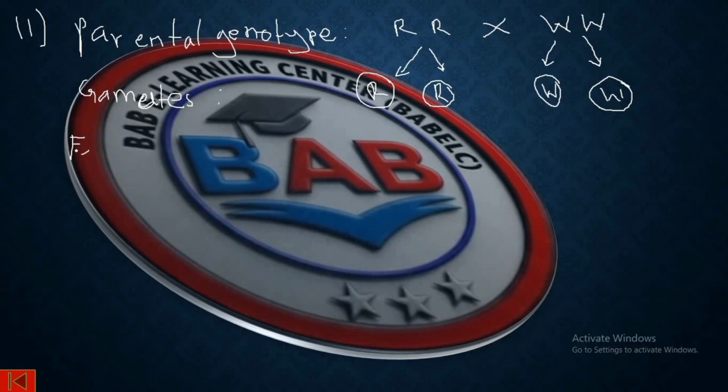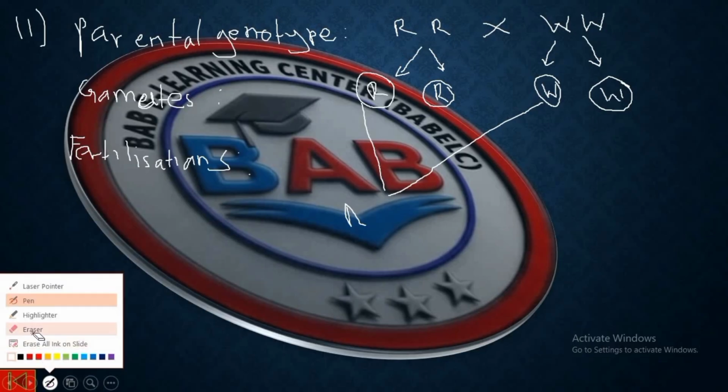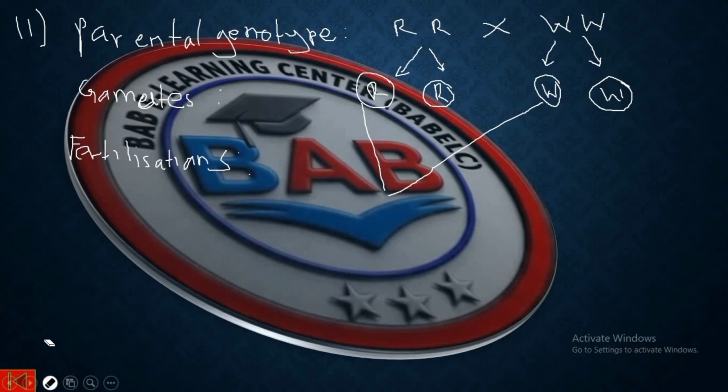Then we go to fertilization. Fertilization occurs whereby R fertilizes W, forming RW, producing an offspring which is a Rowan.